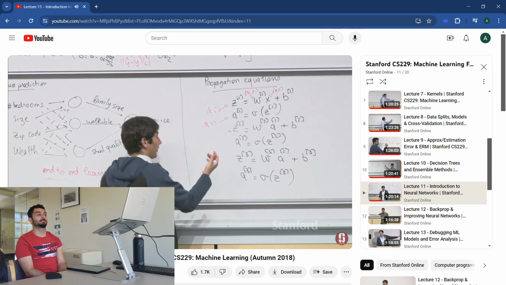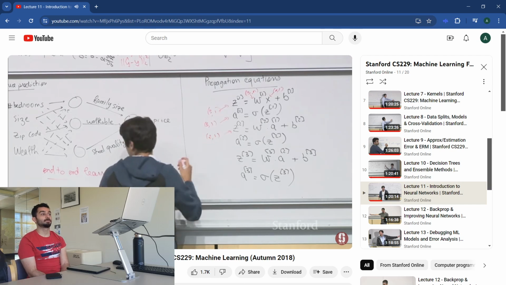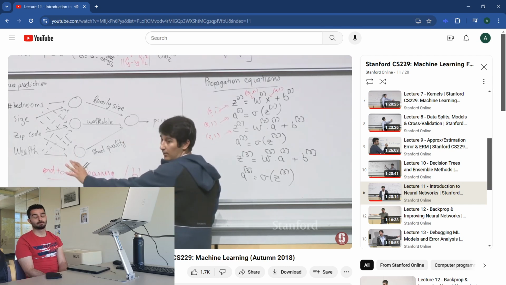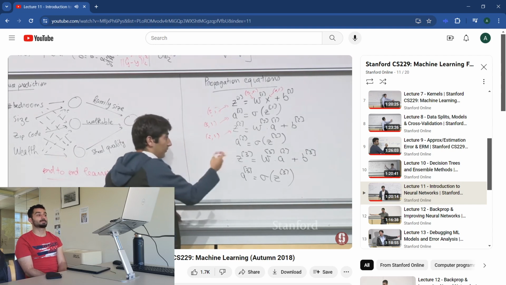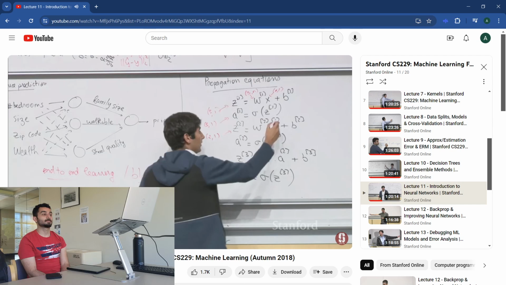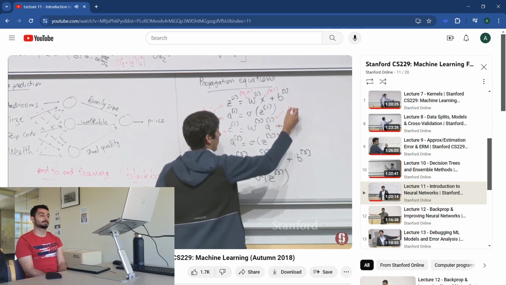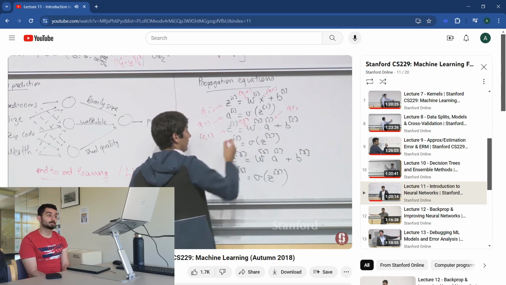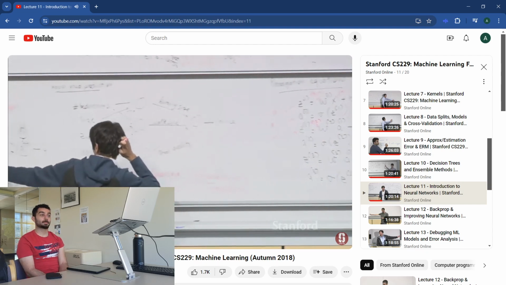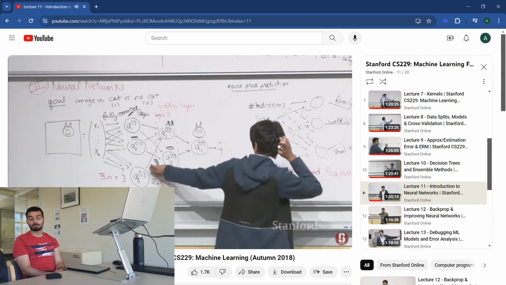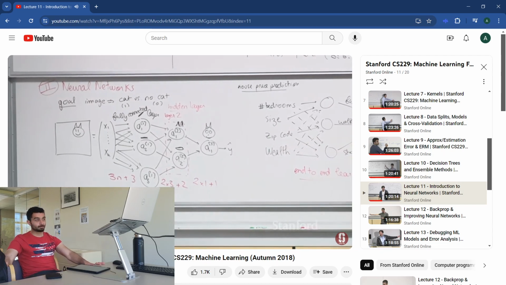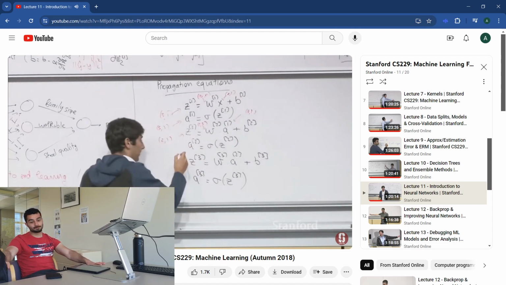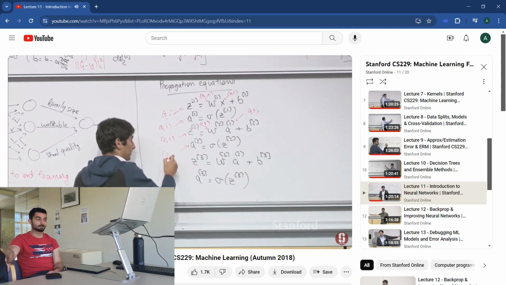Z2, we know it has to be 2 by 1, because there are 2 neurons in the second layer, and it helps us figure out what W2 would be. We know A1 is 3 by 1. It means that W2 has to be 2 by 3. And if you count the edges between the first and the second layer here, you will find 6 edges, 2 times 3. A2 has the same shape as Z2.